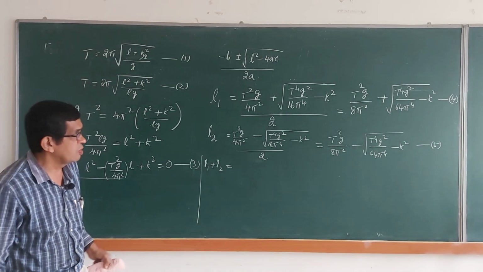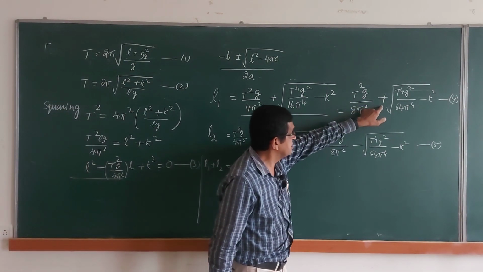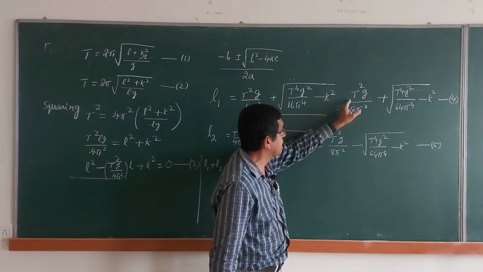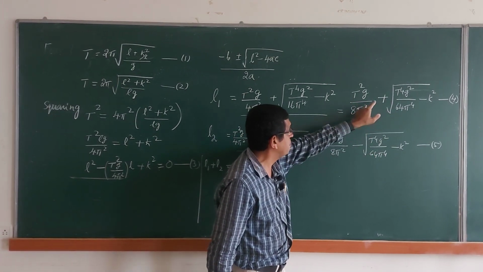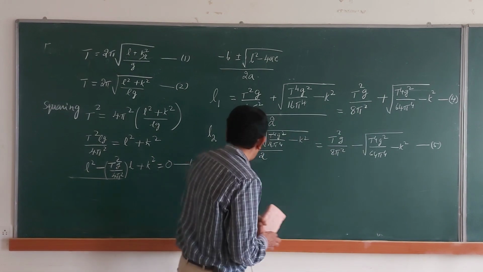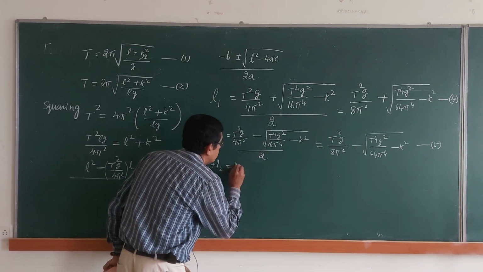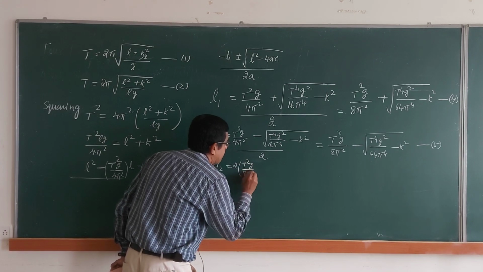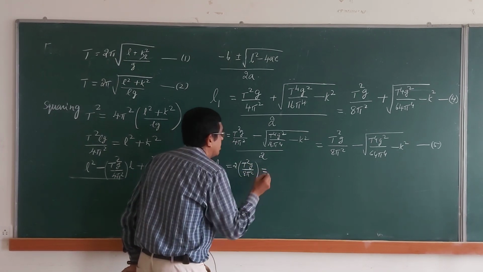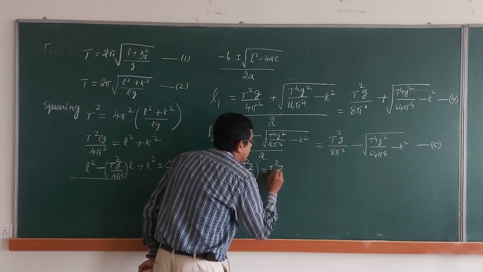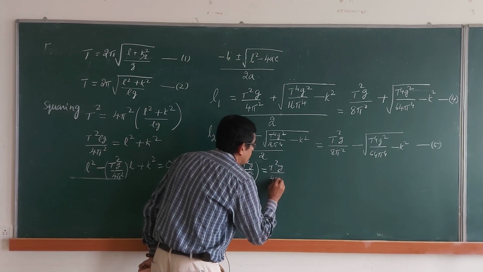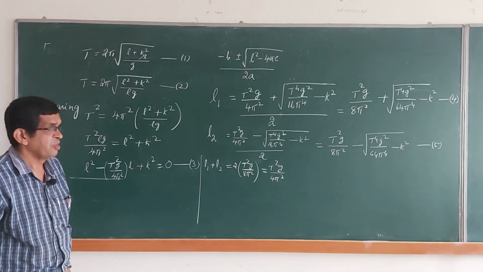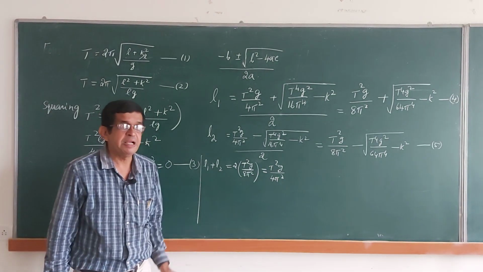L1 plus L2 is equal to, this is the plus and this is the minus, therefore this term cancels. Simply it becomes T square G by 8 pi square plus T square G by 8 pi square, or 2 into T square G by 8 pi square, or T square G by 4 pi square.